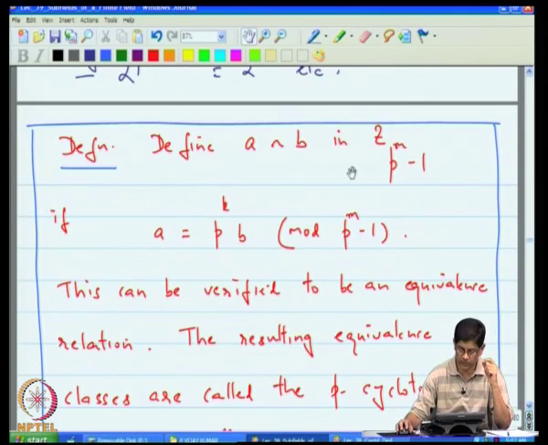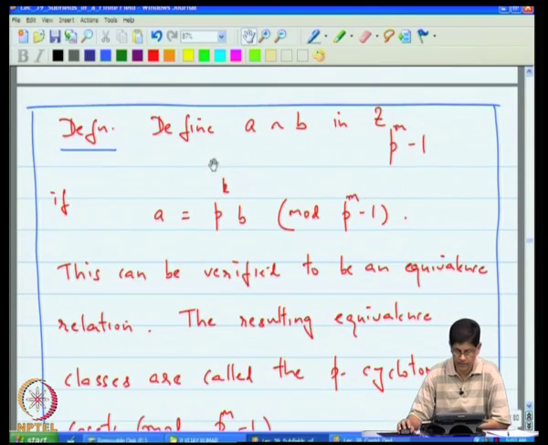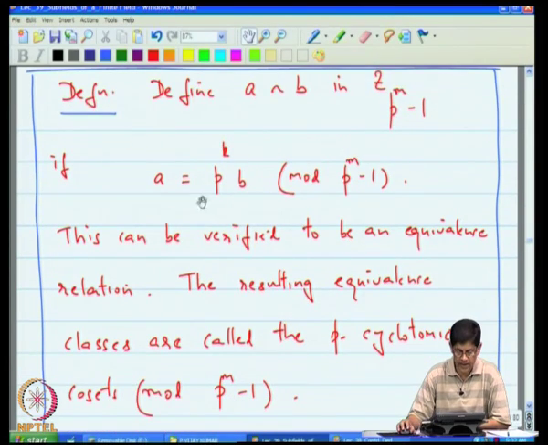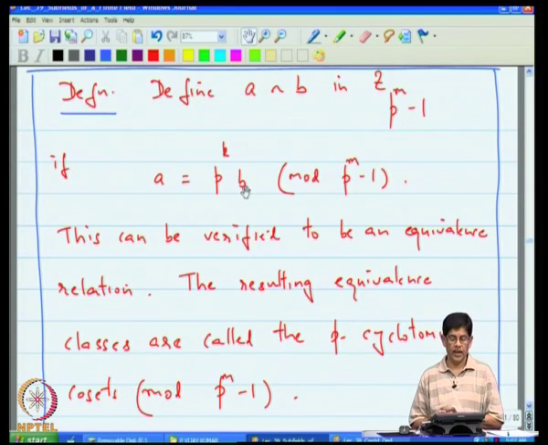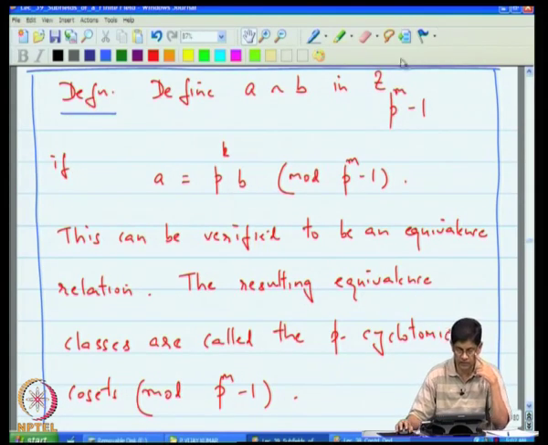So, with that as motivation, what we do is we now focus on the set of integers modulo p to the m minus 1, and here we define two elements a and b to be equivalent if a is some power of p times b, and of course this arithmetic is here in this algebraic structure.